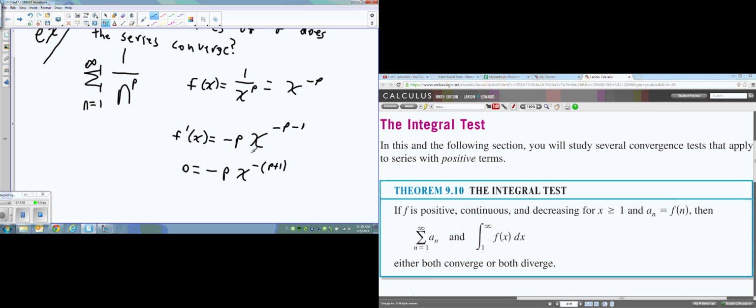The critical value here would be 0, because if x is equal to 0, then this is either equal to 0, or if this gives you something negative, it would actually be undefined. So the critical value here, 0, is a critical number.